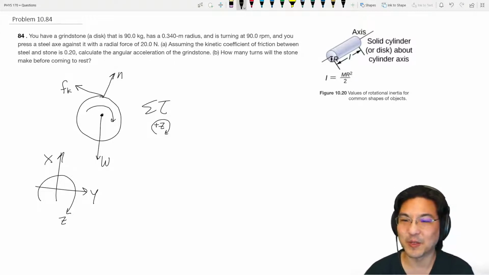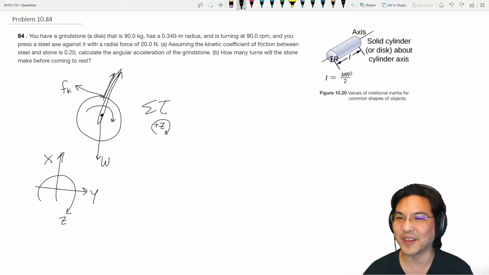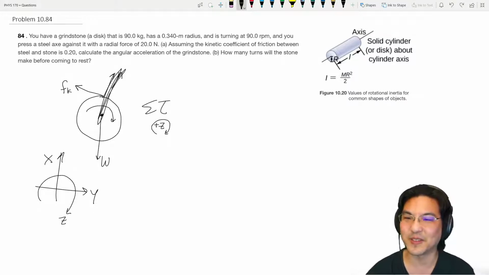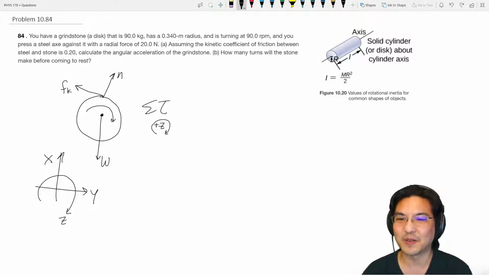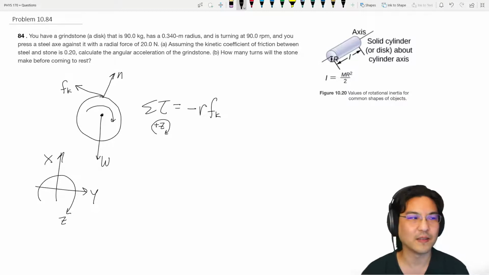Okay, so there's going to be torque from this force. There wouldn't be torque from the normal force because it's aligned with the axis of rotation. So there's torque in the negative Z direction, minus that radius times the kinetic friction. And I guess that's it.